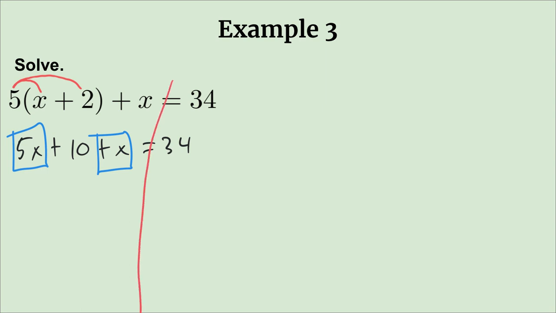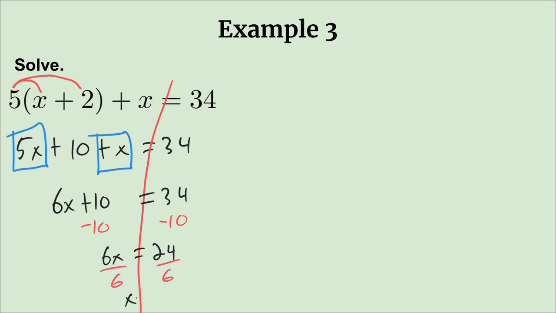We add those together to make a group of 6. So we'll have 6x plus 10 equals 34. Subtract 10 from both sides. 6x equals 24. Divide both sides by 6. X equals 4.